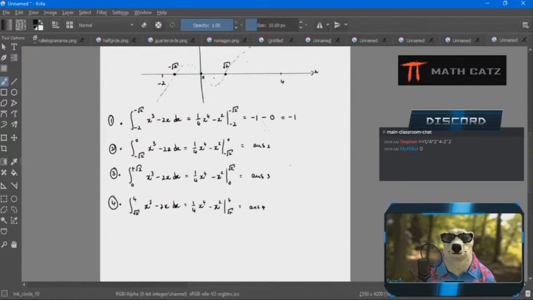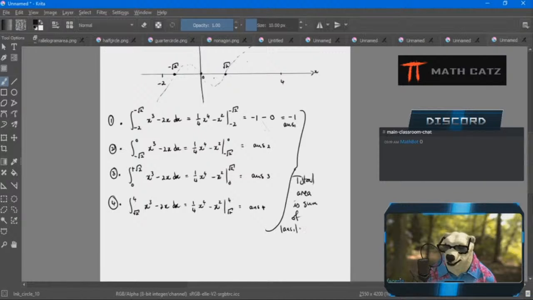The total area is the sum of, let's call this guy answer 1, making it positive, so absolute value of answer 2, absolute value of answer 3, make them all positive. It's just a little tedious to do, but there's no deep insight involved.